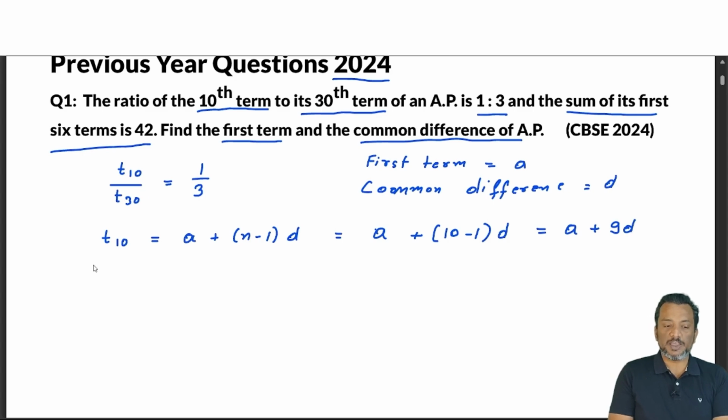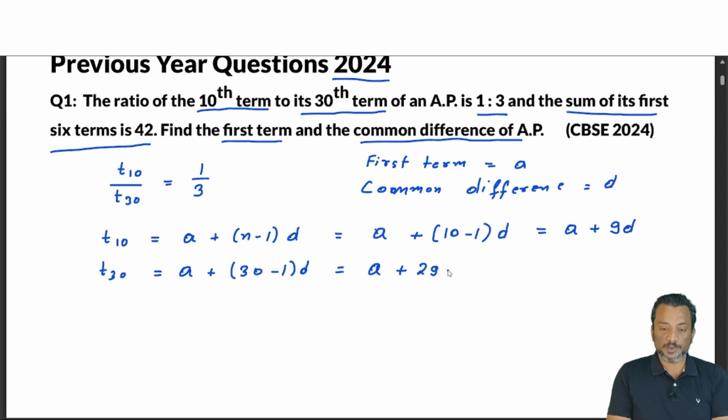In the same way, T30 is equal to A plus 30 minus 1 into D, because here n is equal to 30. So the equation you get is A plus 29D. Here you can see you get two equations, this is your first equation and this is your second.